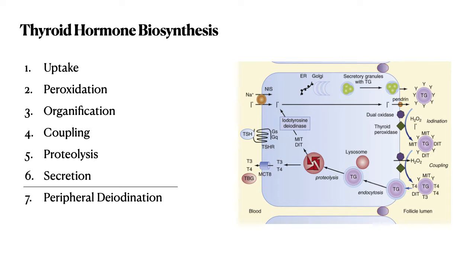So elemental iodine has no extra electron. Because of that, it becomes extremely reactive. The end product of peroxidation is elemental iodine, which is reactive to a lot of proteins. One of these proteins are the thyroglobulins.